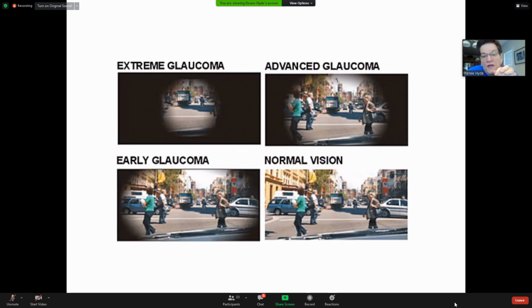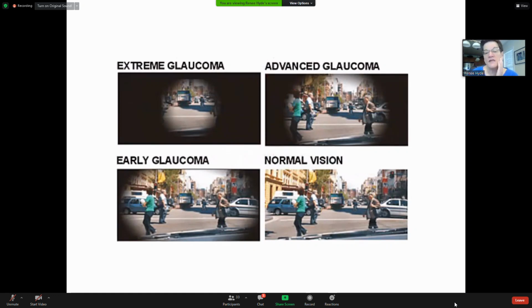Now, one of the things that you need to remember about glaucoma is this: it causes a loss of peripheral vision. Remember, AMD causes central loss, but glaucoma causes a loss of peripheral vision.